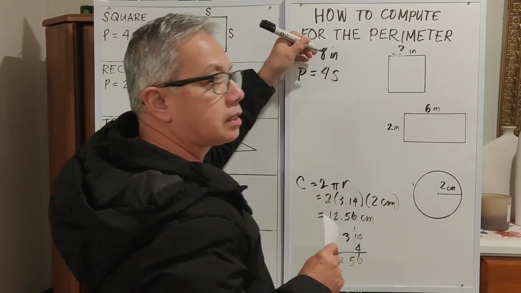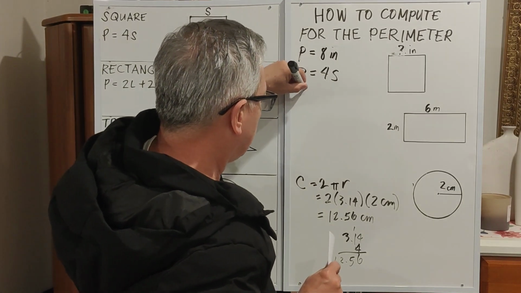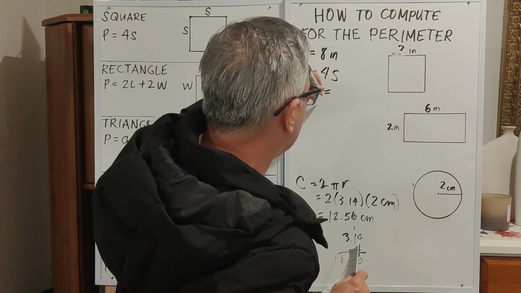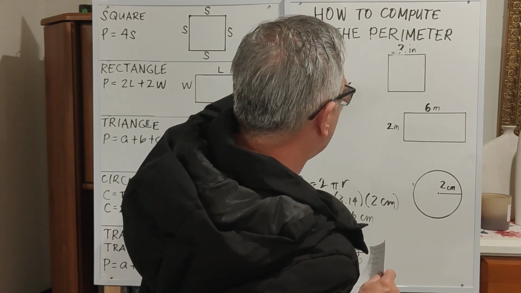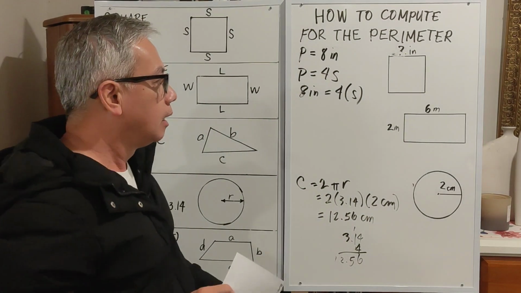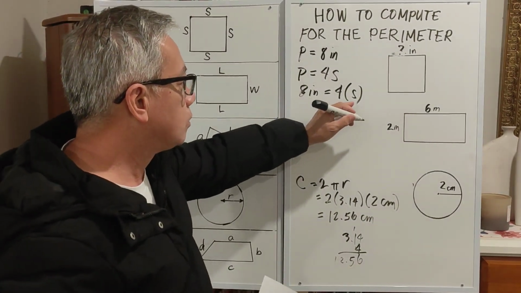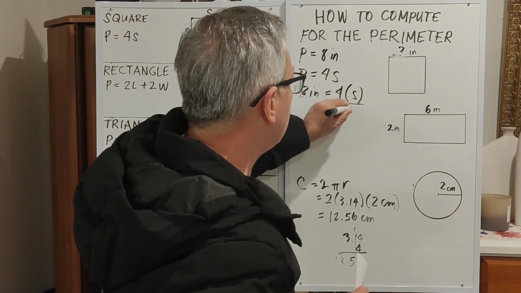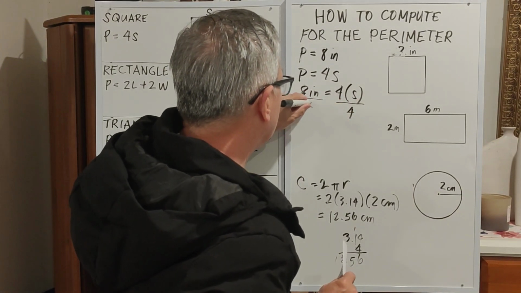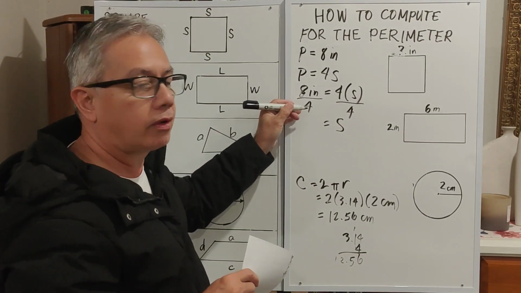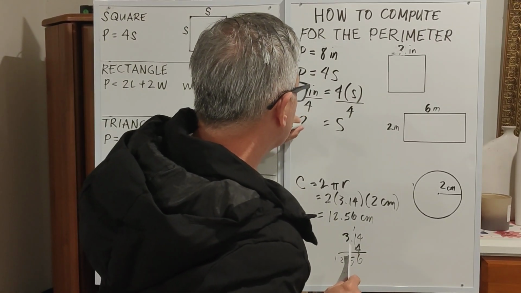We know P is 8 inches, so 8 inches is equal to 4 times S. To solve for S, we divide by 4, and divide the other side by 4, so S is equal to 8 divided by 4, which is 2 inches.